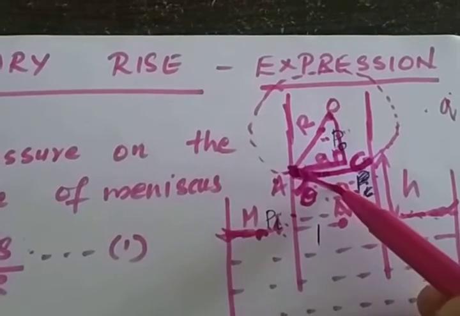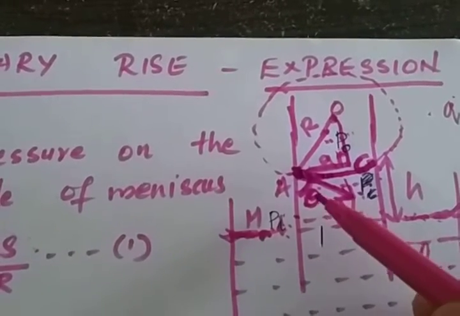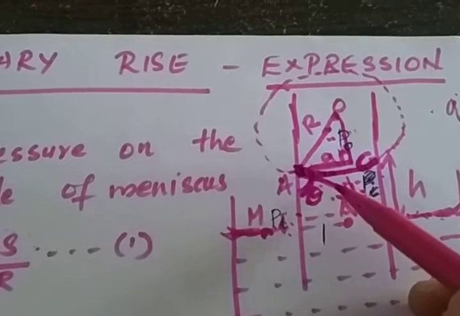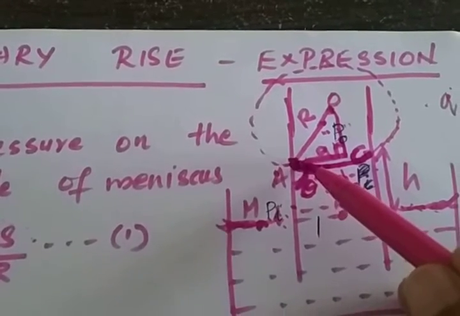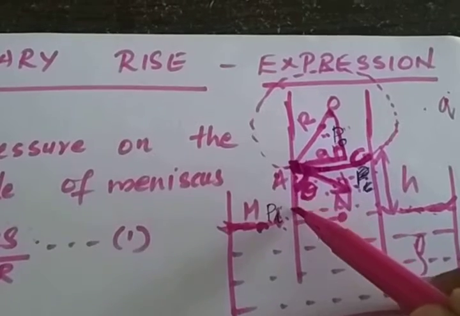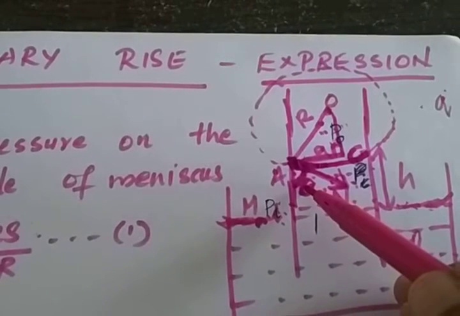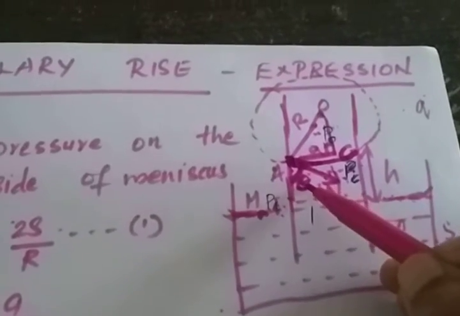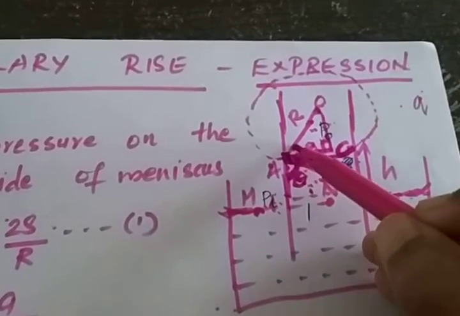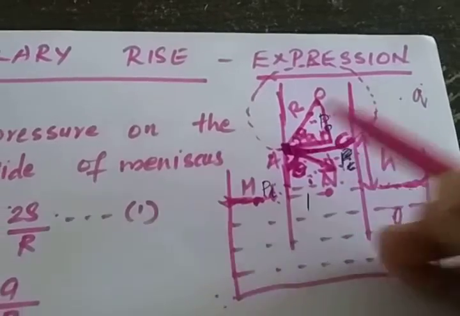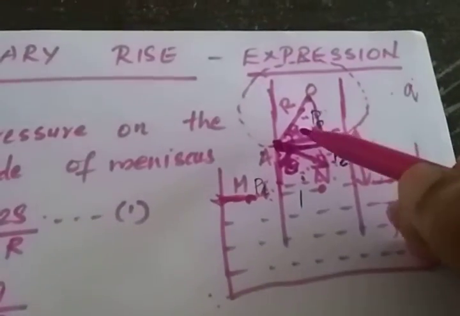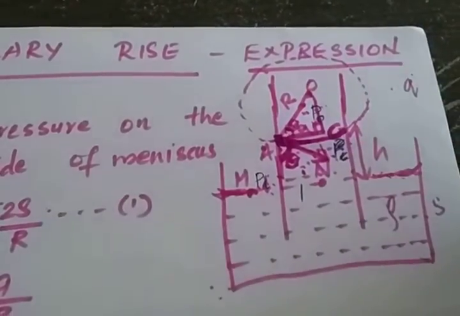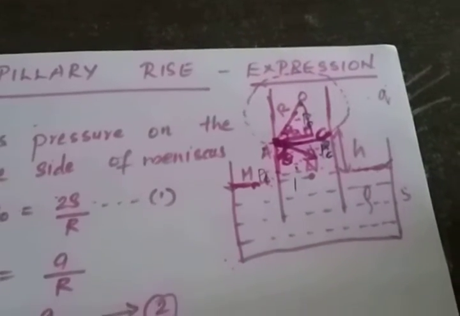This angle is the angle between the tangent at the point of contact between solid and liquid, and the solid. So this theta lies inside the liquid. So this is angle of contact. If this angle is theta, then this angle also will be theta.